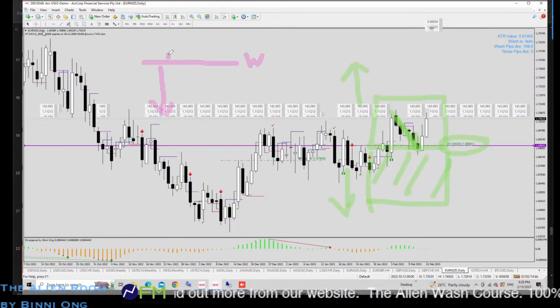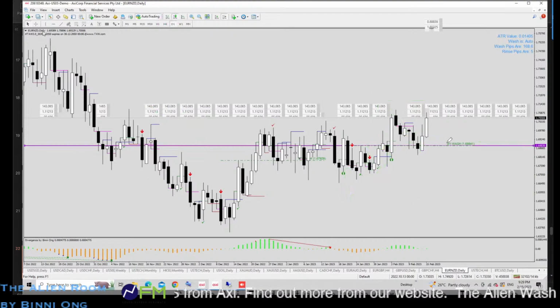Anything that's above it is going to be a wash and rinse. So let's say for example price goes up, but still below the weak magenta wash line. Can I ask you, is this up move bullish or bearish? It's still bearish, because it's just going higher for me to sell at the high.